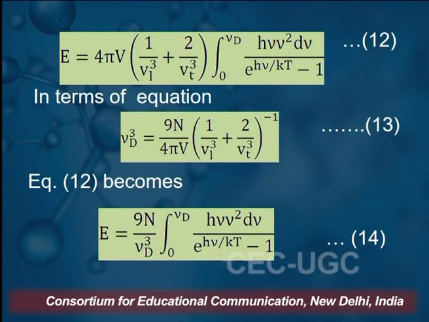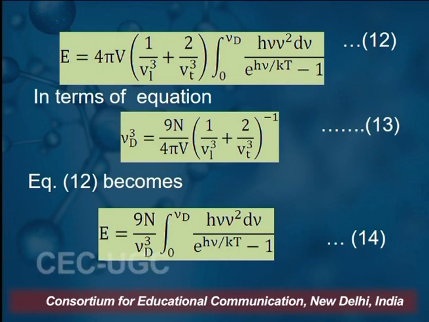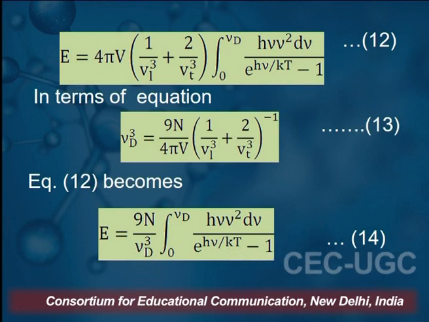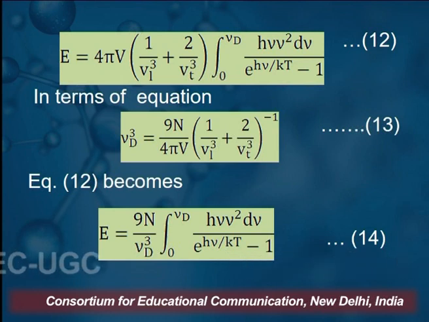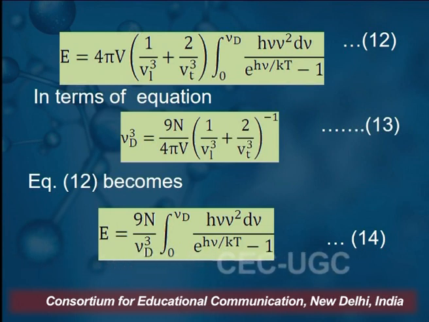V is the volume of the solid. So, E will be given by 4 pi V (1 by vL cube plus 2 by vT cube) into the integral from 0 to nu d of h nu cubed d nu upon e to the power of h nu by kT minus 1.